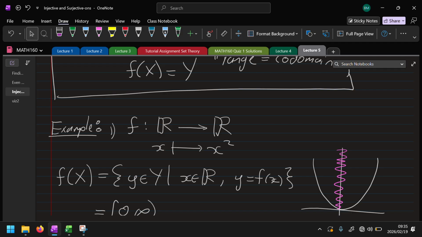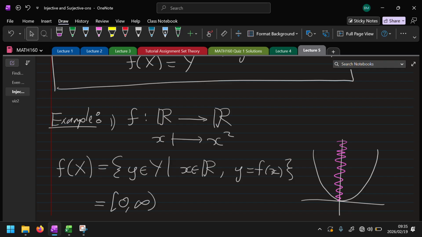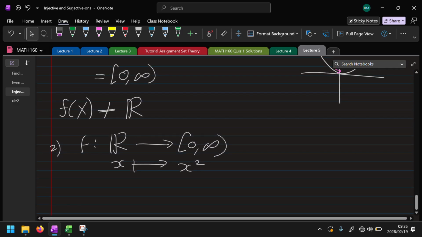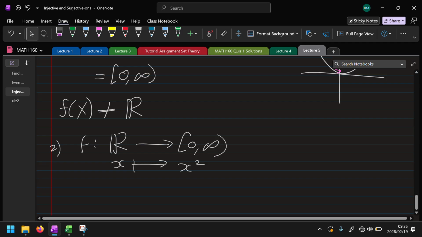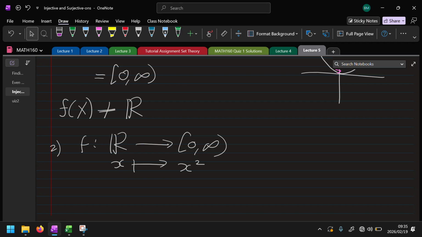You see how we changed this codomain from here to here, and it went from being not surjective to now being surjective. That x squared, the rule is exactly the same. Choosing the domain and choosing the codomain is very, very important. Okay, it is not just the rule here. Okay, everyone clear on that?